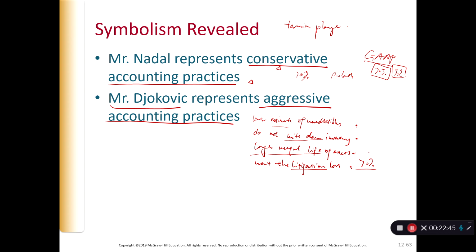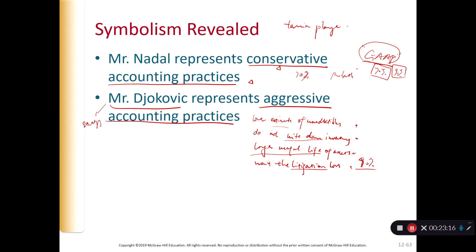And Djokovic might be thinking 90% is probable, and 70% is just reasonably possible. Hence both of them are not breaching GAAP or cheating against how the accounting should be conducted. It's just a strategy of how you use accounting standards, right?